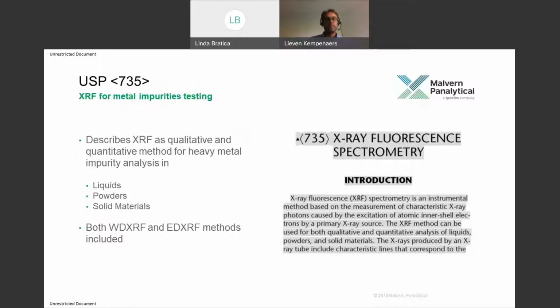So this is chapter 735. It talks about the general application, the technique, and also the ability to do qualitative and quantitative analysis of those heavy metals in liquids, in powders, solid materials, slurries, those kind of things.